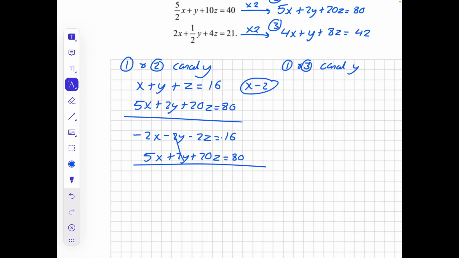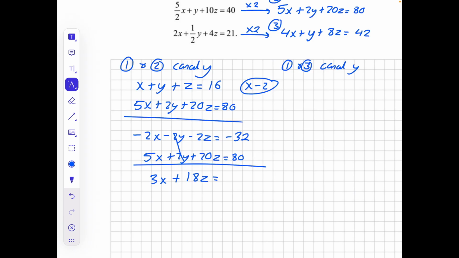Okay, y's cancel, -2x plus 5x will give me 3x, plus -2z plus 20z will be 18z, is equal to... sorry, now I've just made a very common error there. I never multiplied this 16 by -2, so that should be -32.